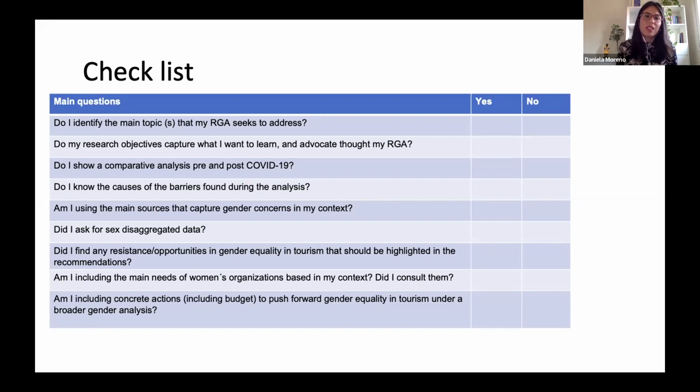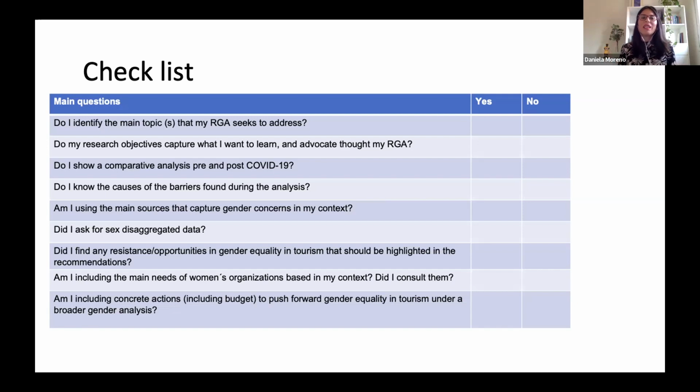The second question is, do my research objectives capture what I want to learn and advocate through my rapid gender assessment? So I really have to think about my research objective. Are my research objectives linked to my matrix number 1? Are these research objectives linked to my matrix number 2?